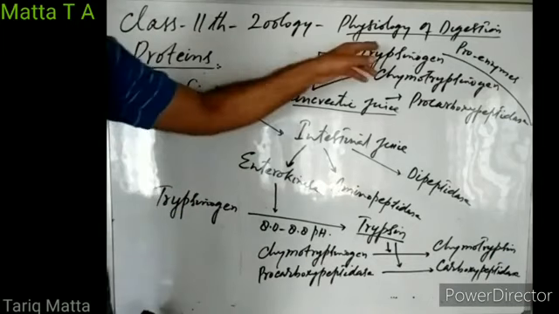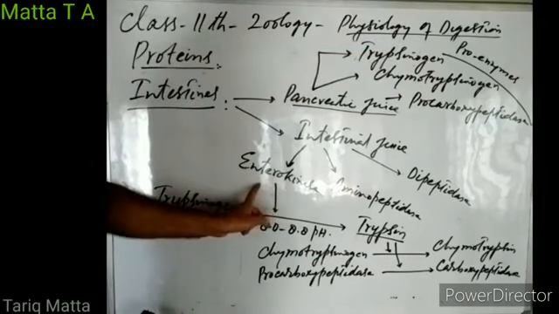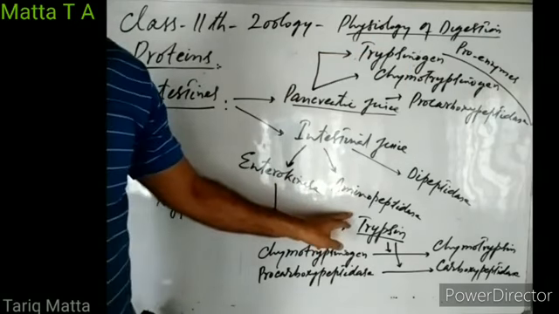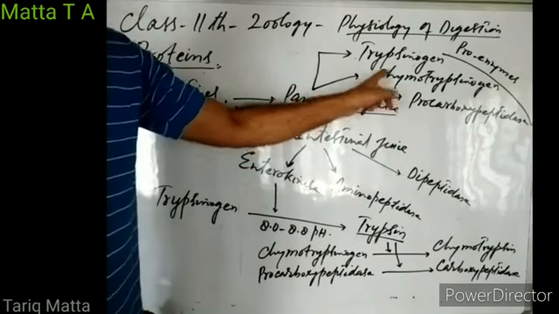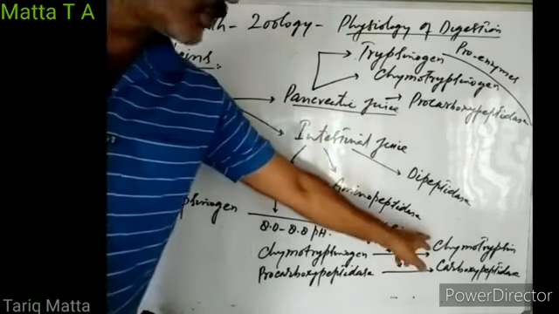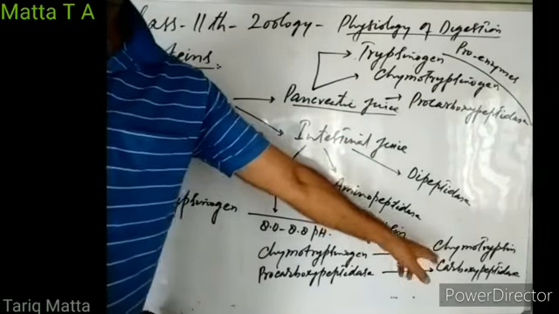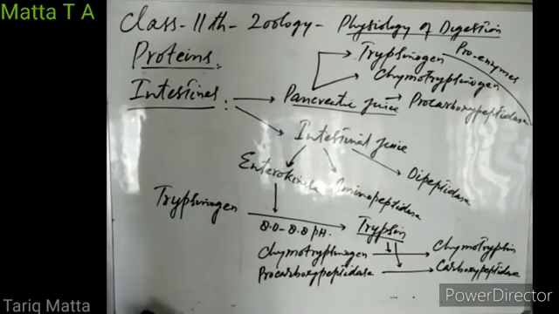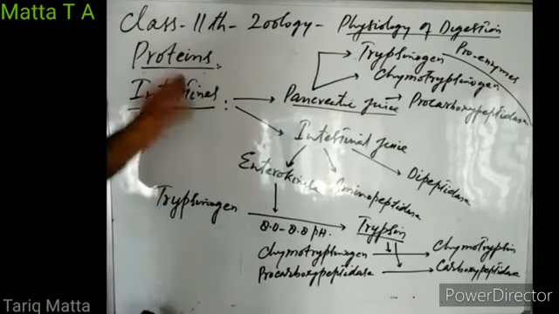So first of all, trypsinogen is converted into trypsin by enterokinase. Once the trypsin is formed, it activates other enzymes. It activates chymotrypsinogen into chymotrypsin. It activates procarboxypeptidase into carboxypeptidase. So in this way, the enzymes are first activated for carrying out protein digestion.